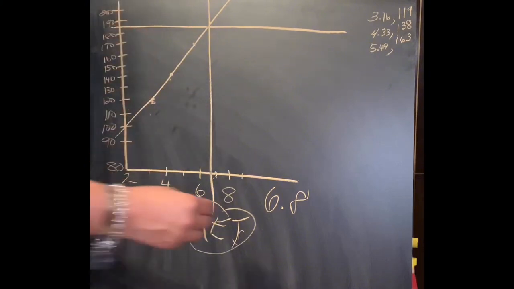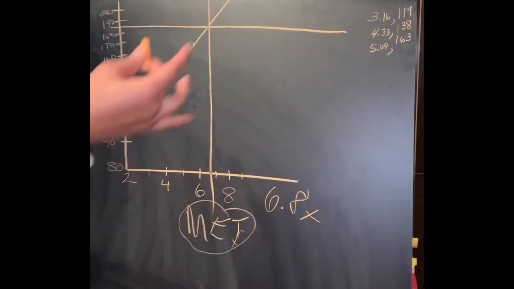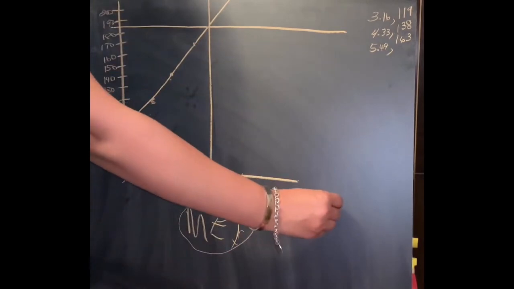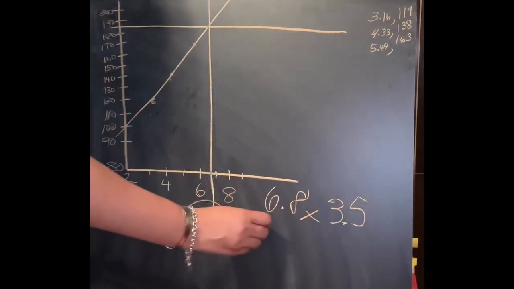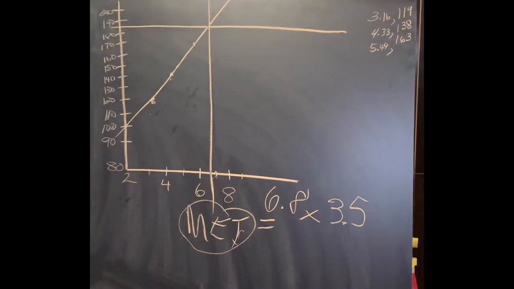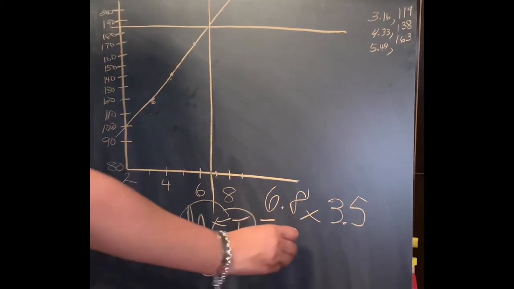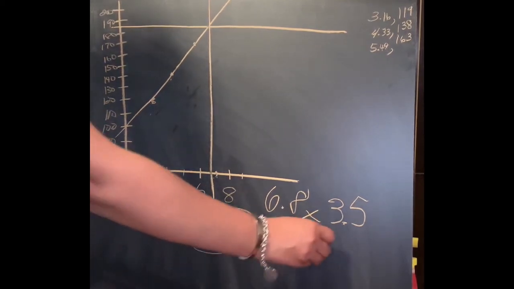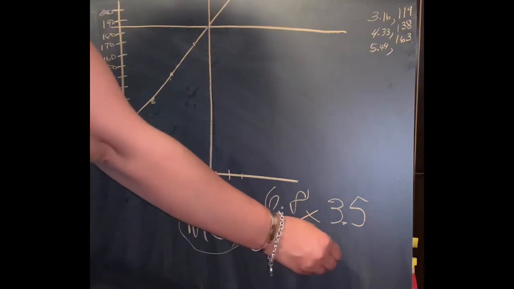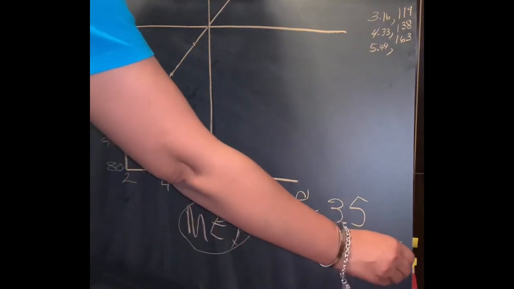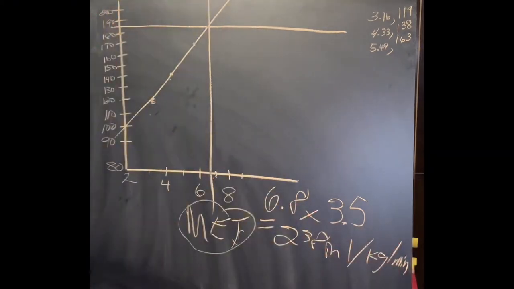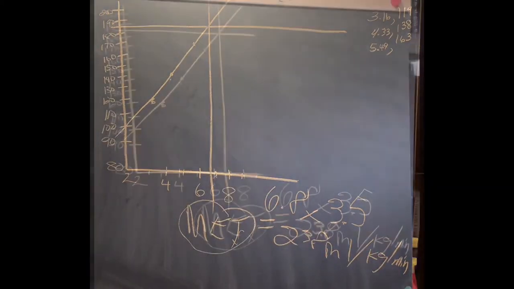And I also told you to give it to me in milliliters per kilogram per minute. The only thing you do is multiply 6.8 times 3.5, and that's going to give you 23.8 milliliters per kilogram per minute as your estimated max using the graphing method.